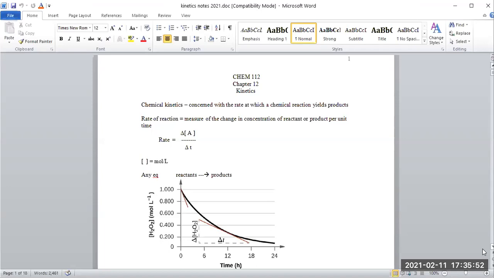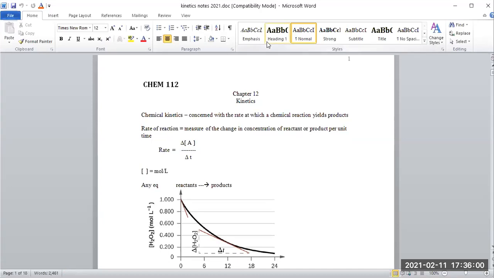What we're going to be looking at in terms of rate is two separate parts here. We've got changes in concentration. So delta, the little triangle, is your change in symbol.